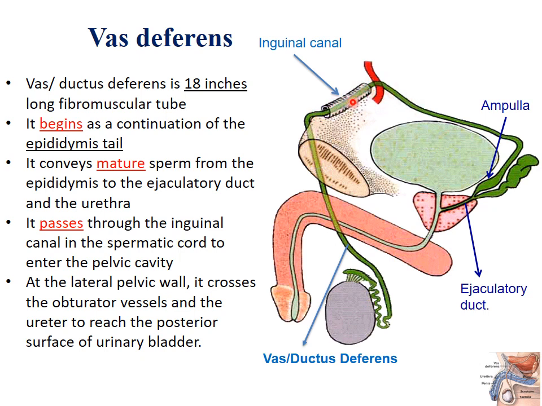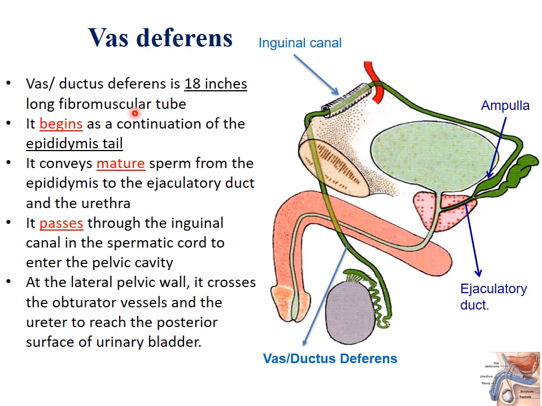These are the two openings of the canal: the external inguinal ring or superficial inguinal ring, and this is the internal inguinal ring or deep inguinal ring. Between these two rings, there is a canal, right? The distance where they are penetrating the three muscular layers.